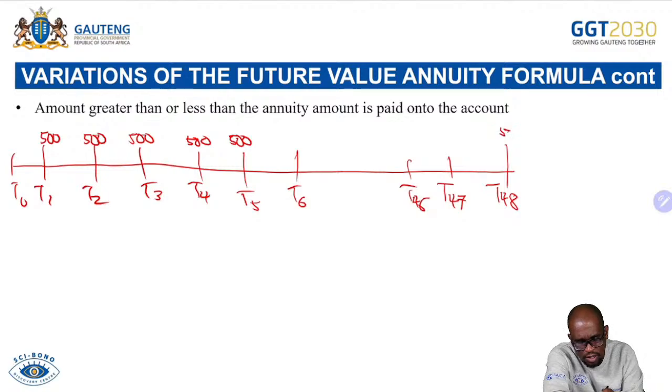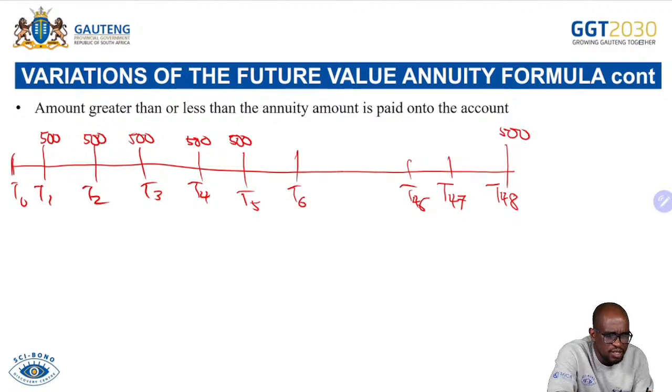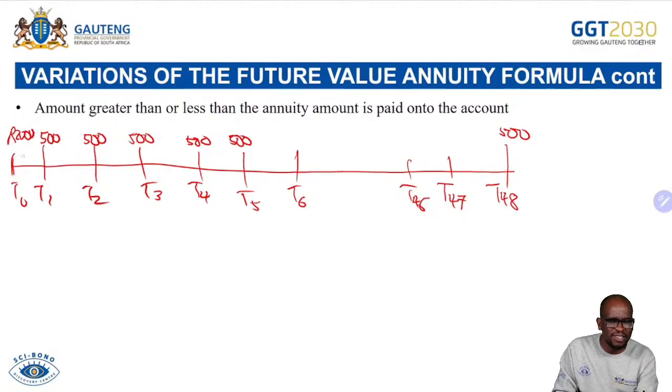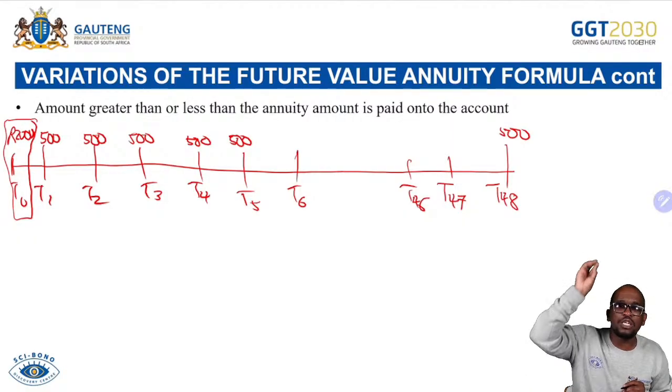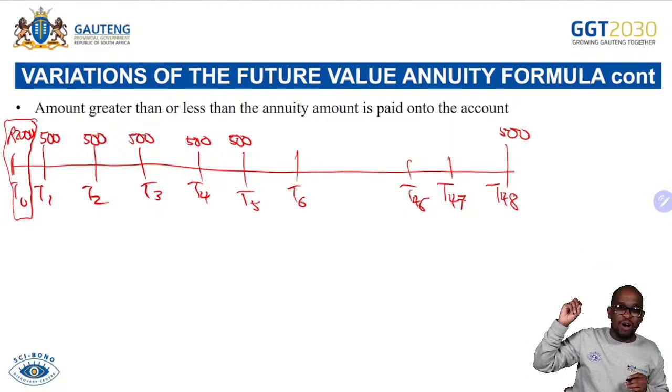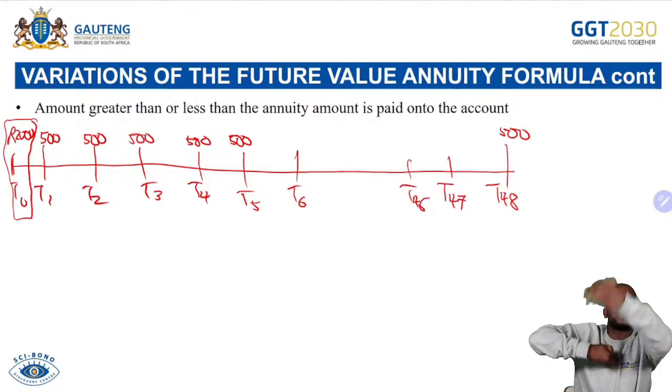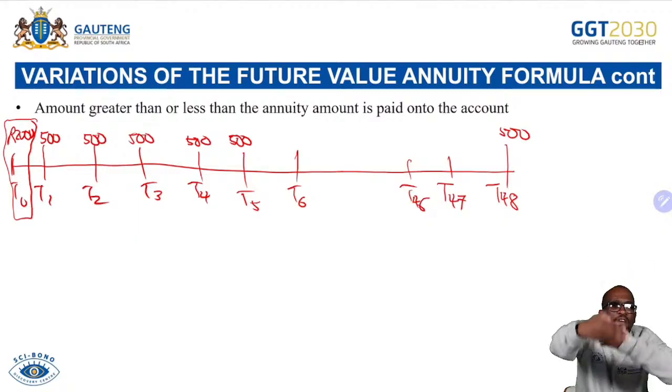All right. But now at T0, when you open the account, you say, I am making an immediate payment of 2,000. You see, this amount is greater than the annuity. If you like, you would have said 300. When I open the account, I'm just going to put in 2,000, right? And then after that, I pay 500, 500, 500.